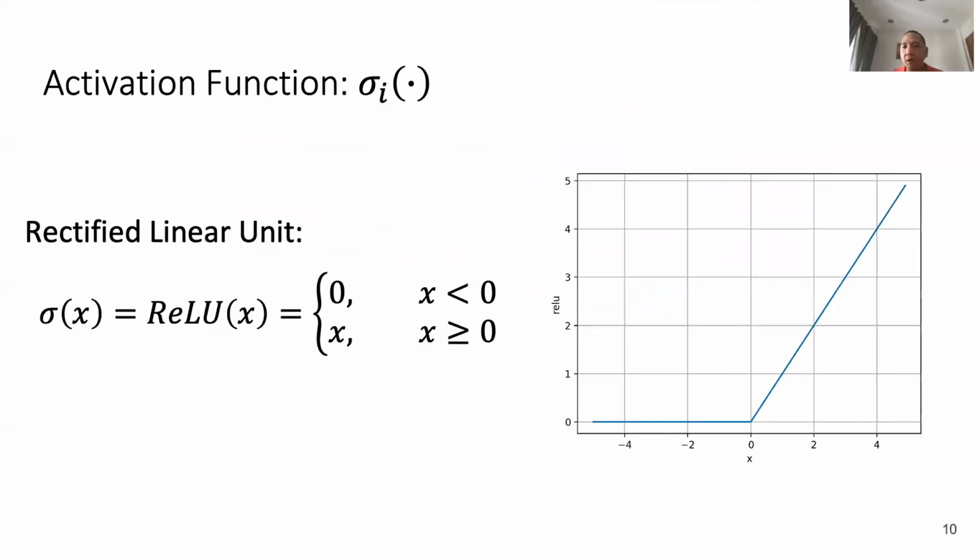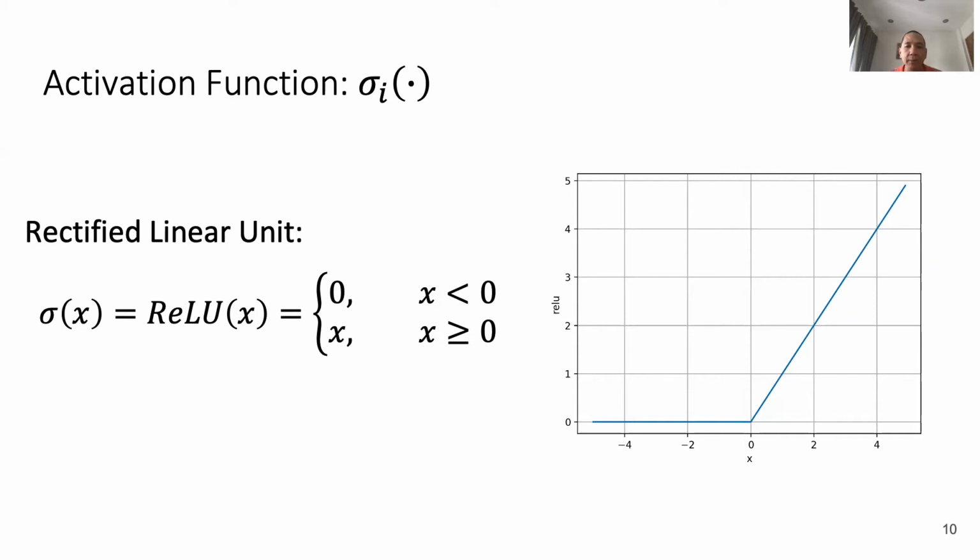The job of the activation function is to introduce nonlinearity in each MLP layer. Without activation functions, an MLP model can only model linear functions. It will be of less utility and cannot be used for tasks such as image classification. In this slide, we introduce the rectified linear unit or ReLU.